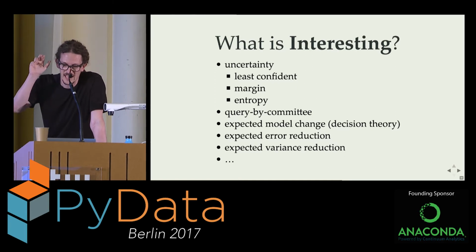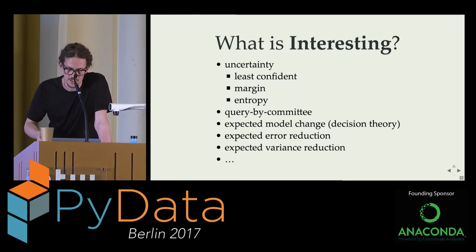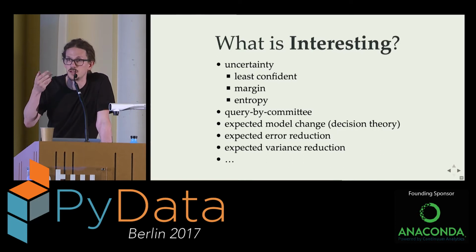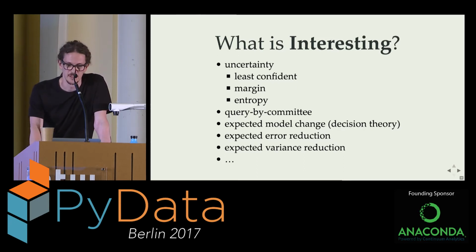There are lots of expected somethings, like expected model change, expected error reduction, expected variance reduction, etc. And it really depends on your domain, on the model you're using, on runtime performance, etc. But you have a zoo and you can choose from it, basically. If you saw the keynote today, active learning is also used in some areas of the NLP world. At least Burr Settles uses it in this context, and it's quite interesting.